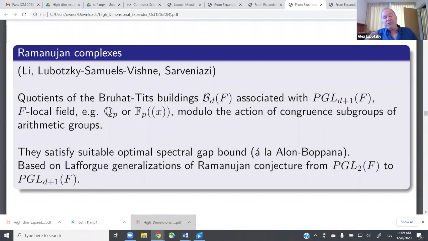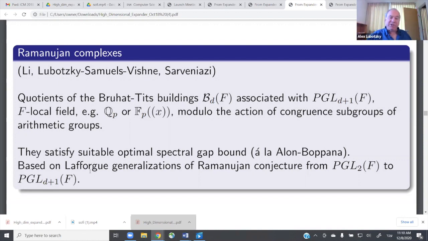I told you before that the construction of Ramanujan graphs was based on the work of Deligne in characteristic 0 or Drinfeld in characteristic p, and the so-called Ramanujan conjecture for PGL_2. This work was extended by Laurent Lafforgue for PGL_{d+1} of F, for every d, only in characteristic p. It's still open in characteristic 0.